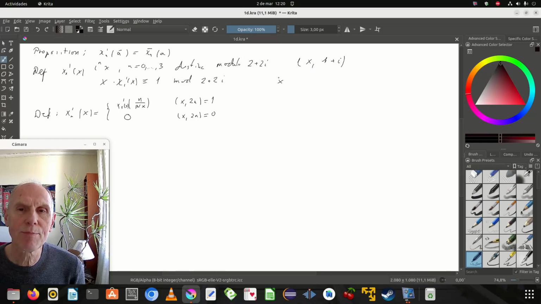And that means that x bar is equivalent to 1 modulo 2 plus 2i, and then when we multiply by x, I don't know really what to do here.